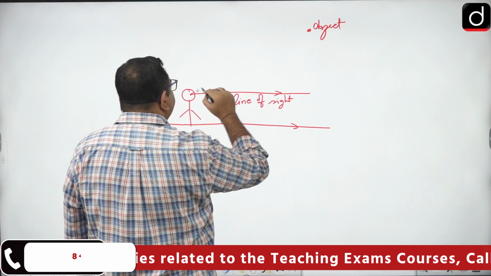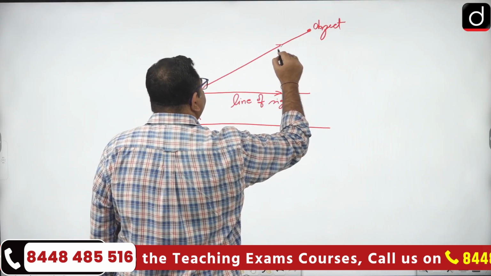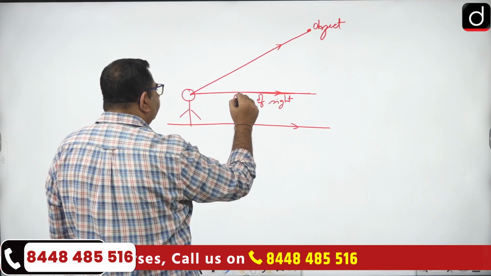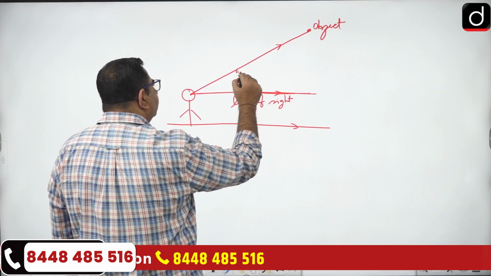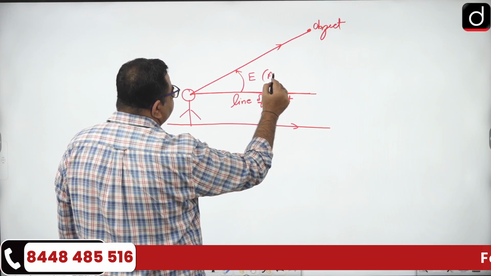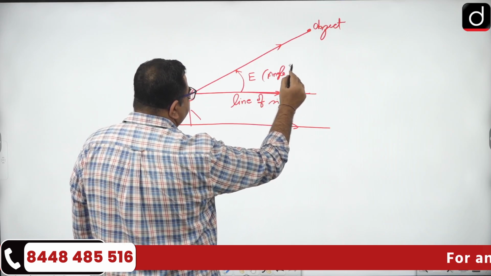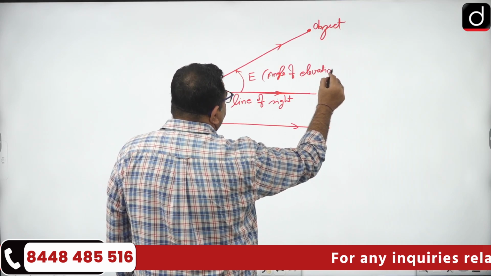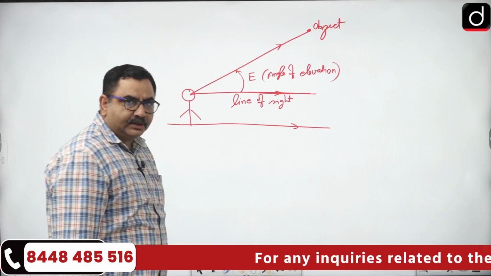So this will be his line of sight. From the horizontal, the angle by which the line of sight is going above is called the angle of elevation.